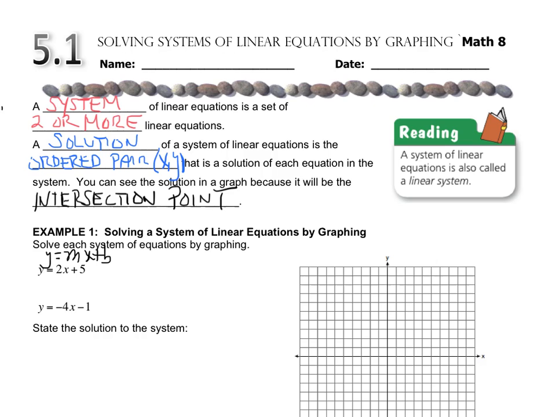We use our y-intercept and then the slope from that point to find the next point to then be able to show our graph. The other thing about these systems is we're going to graph the two equations on the same coordinate plane because these two are a system together, so they go on the same graph.